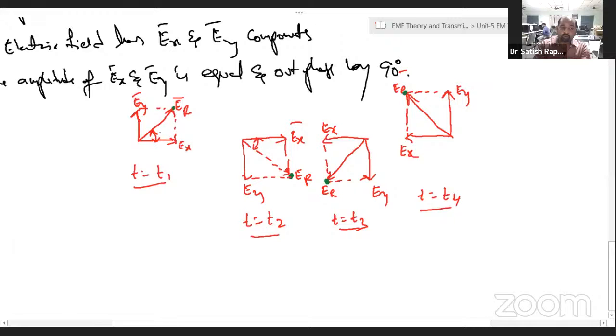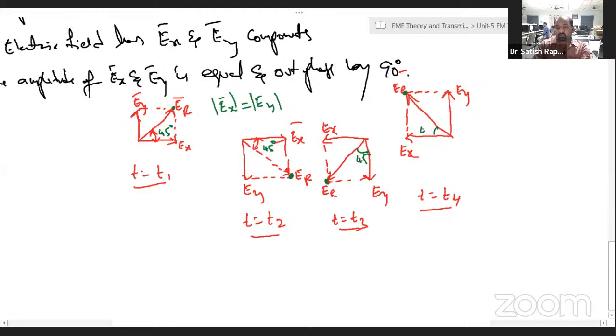From t1 to t2 the phase difference is 45 plus 45. Why 45? Because Ex equals Ey, the amplitudes are equal, as in the definition I have given. Therefore the phase difference is 90 degrees. Similarly, from t2 to t3, again this is 45 and this is 45, total 90 degrees.